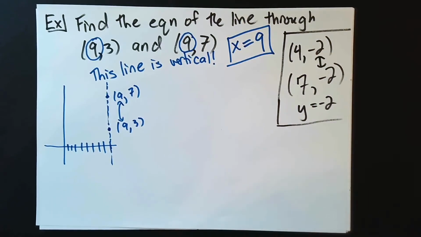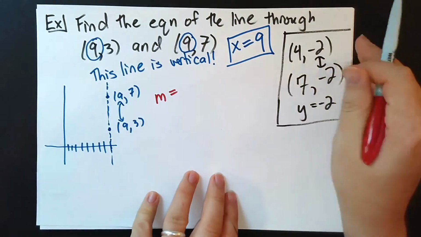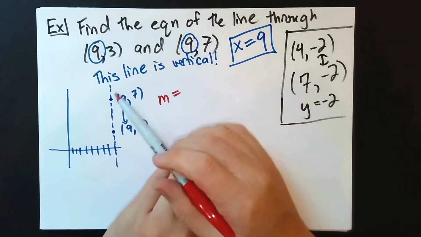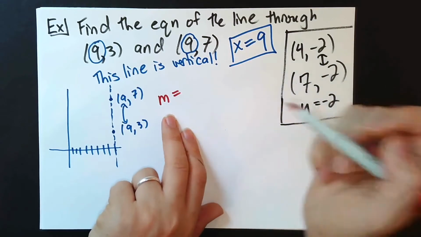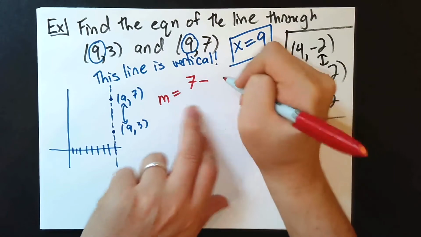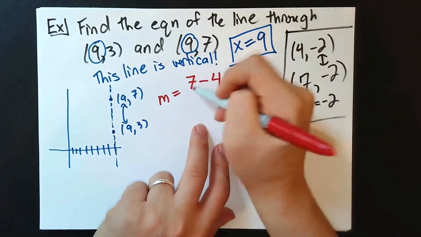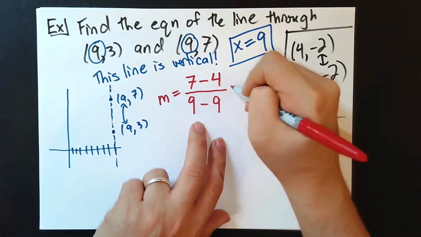So if I do that here, in this example with (9, 3) and (9, 7), because I'm an unsuspecting person who doesn't guess that this line is going to be vertical, I go ahead and calculate the slope. There's going to be the change in the output, which is going to be 7 minus 3, divided by the change in the input, which is going to be 9 minus 9.